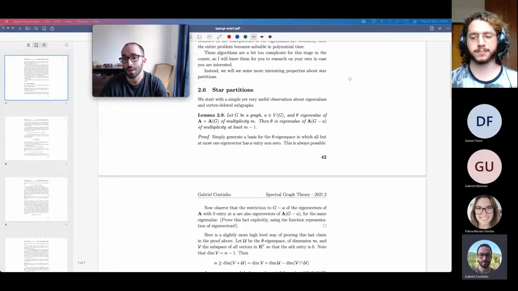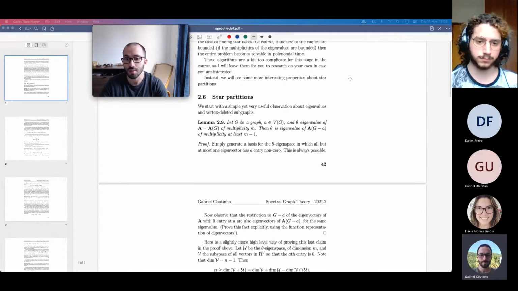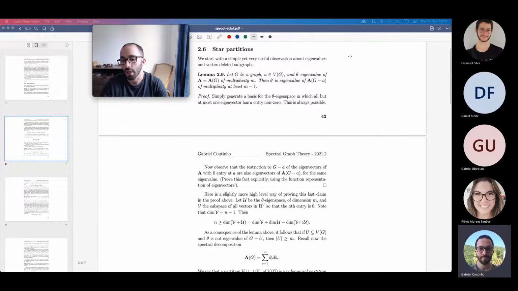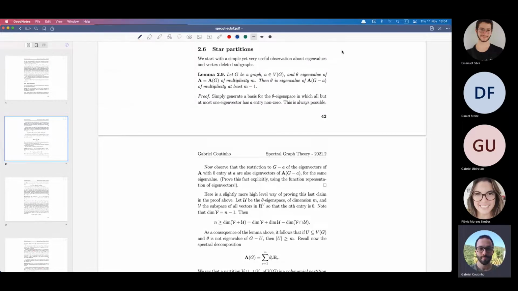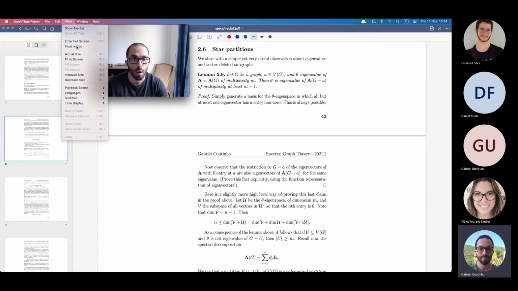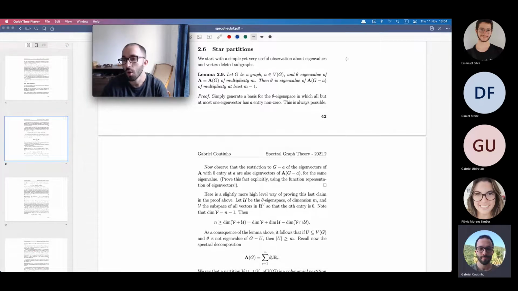And then I introduced last class this notion of a star partition, which is, well, you look at the vertex set of your graph, and you partition this vertex set into some subsets, all right?